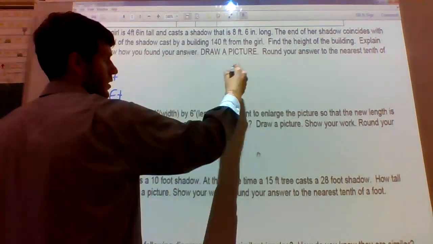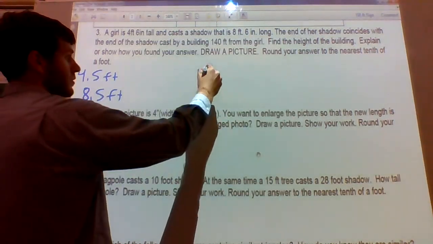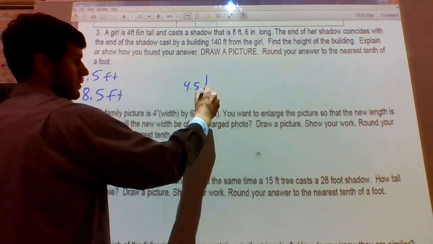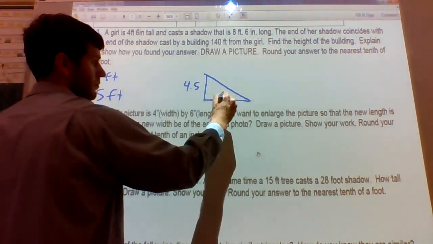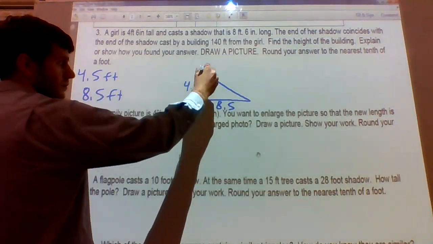Okay, let's go through again and draw our picture. So a girl is 4 feet 6 inches tall, so 4.5 feet tall, and casts a shadow that is 8 foot 6 inches long. So she is 4.5 feet tall, and she casts a shadow that is 8.5 feet long. The end of her shadow coincides with the end of the shadow of a building 140 feet from the girl. So here's the girl.